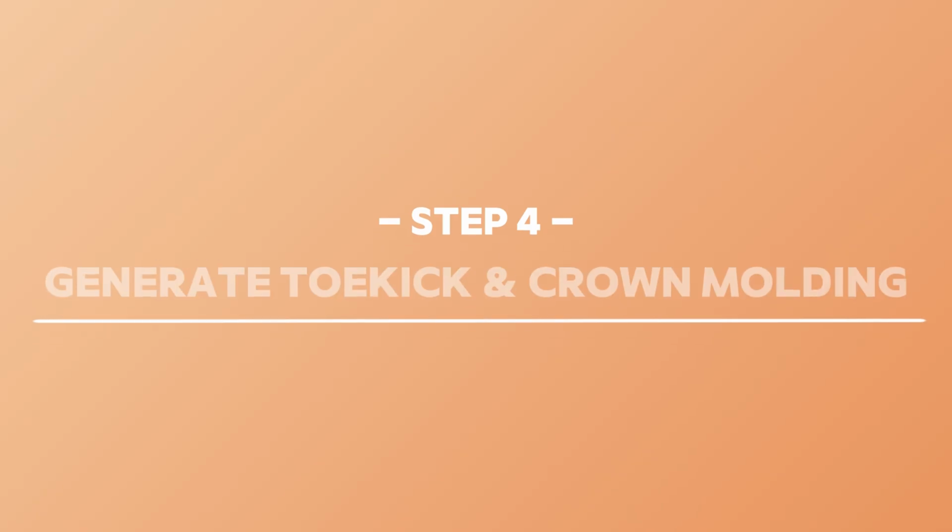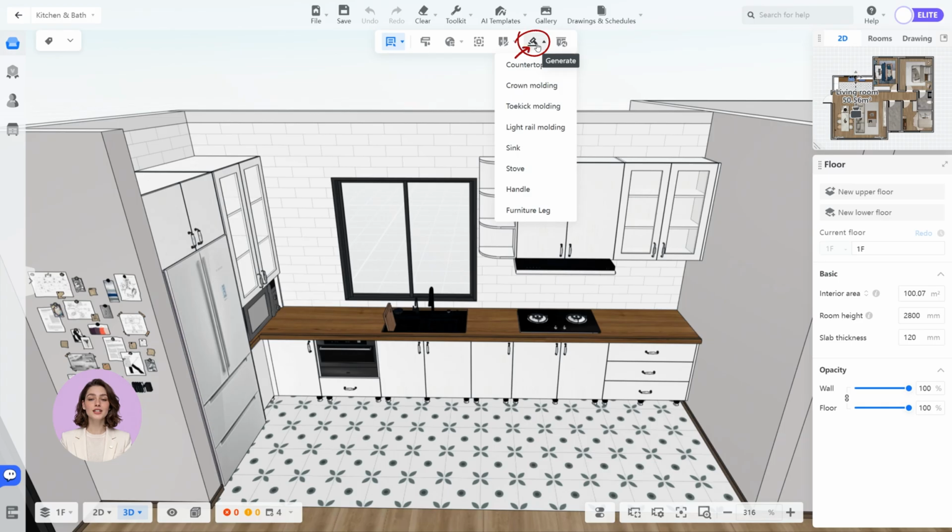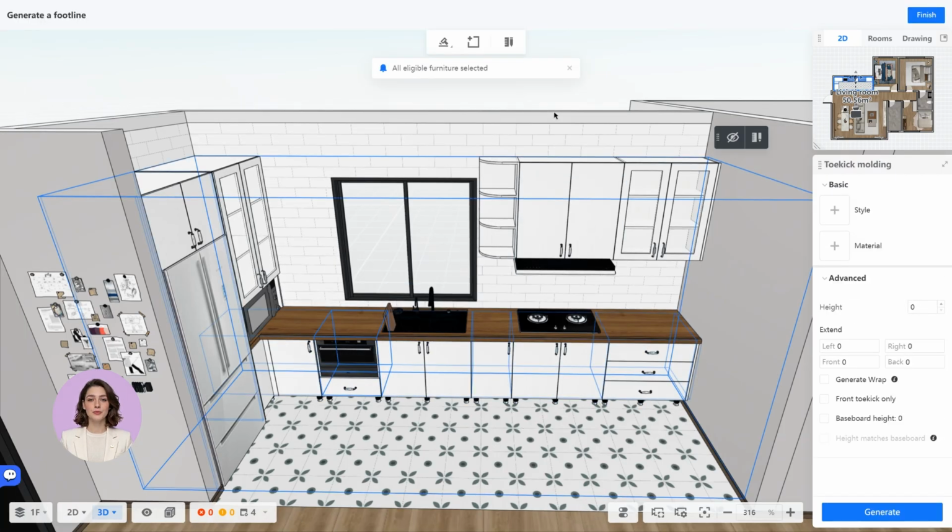Step 4. Generate Toekick molding and crown molding. In the top toolbar, click Generate Toekick molding. The system will automatically select all cabinets that require Toekick molding.